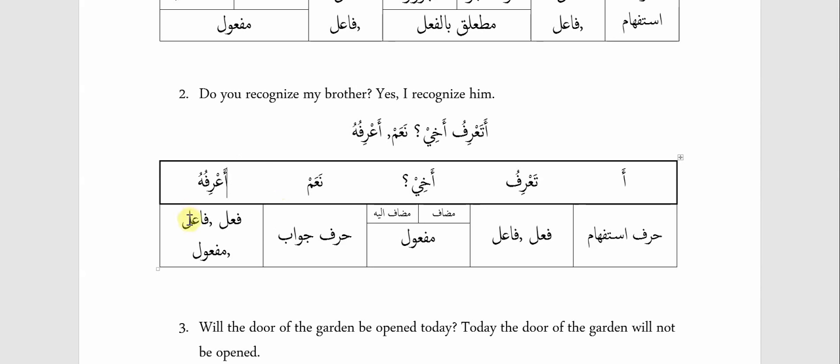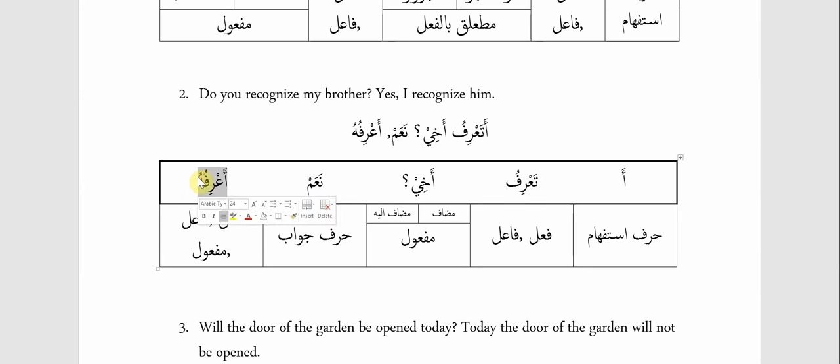That's your fi'il and your fa'il, because your fa'il is contained in ana, and your maf'ul actually is the attached pronoun here, which is hu. أعرفه. So this is actually in the mansoob state, right? As we said, attached pronouns to verbs like this will be in the mansoob state. So that's your sentence. نعم أعرفه.